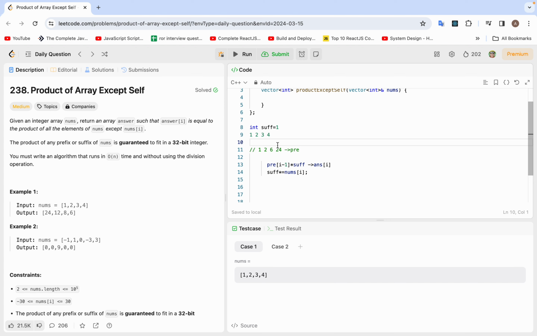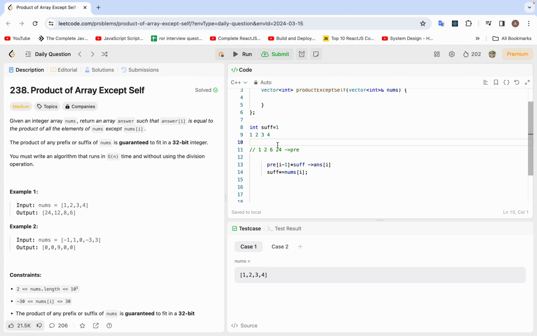Prefix of I plus 1 should equal prefix of I times nums of I, right? Same goes for I equals n minus 1: suffix of I plus 1 is equal to suffix of I times nums of I, right? So I have stored all the prefix and suffix multiplication.